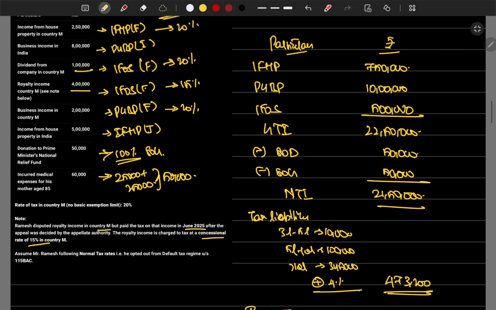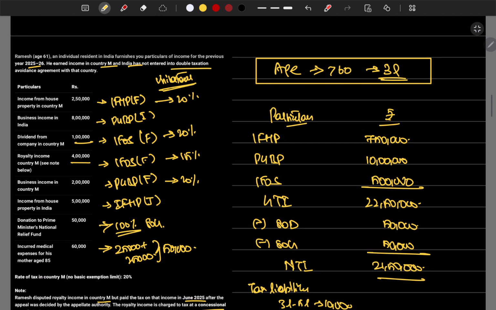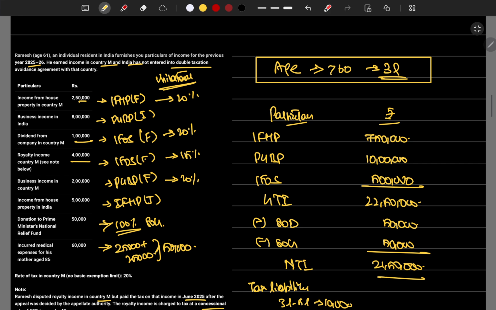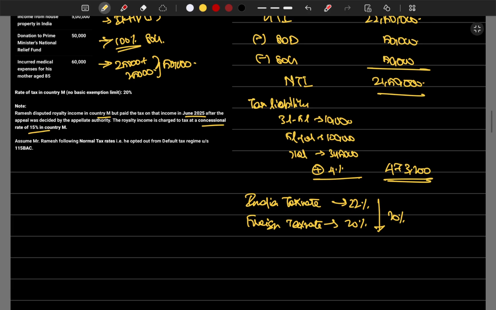Which are all the incomes that come under 20%? IFHP 2,50,000 plus IFOS 1 lakh, then PGBP 2 lakh, which is 5,50,000.